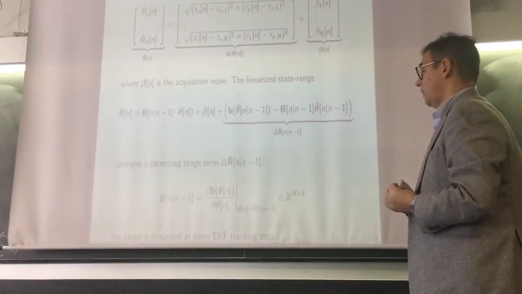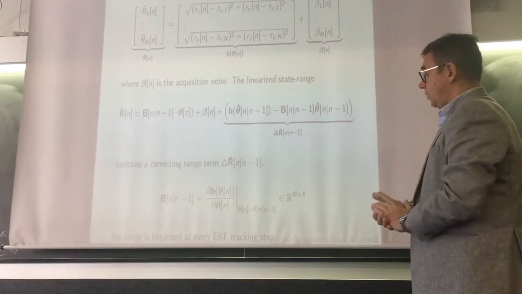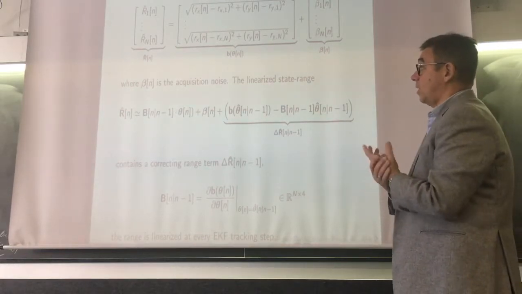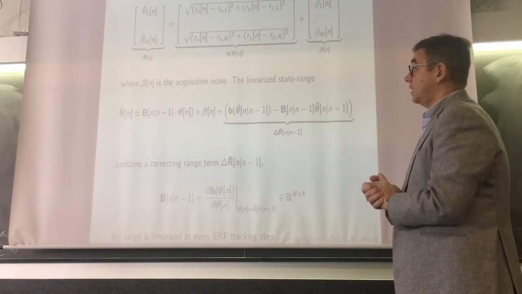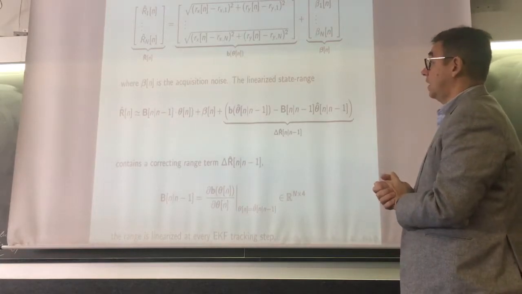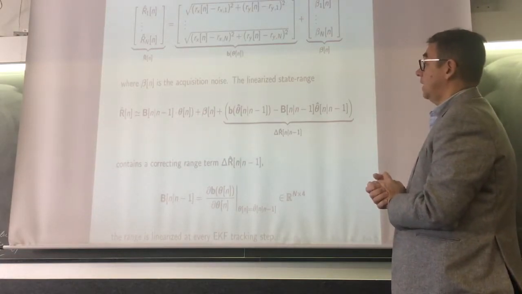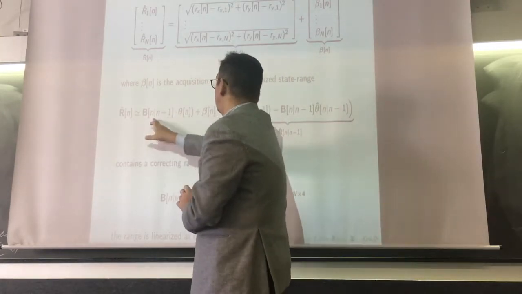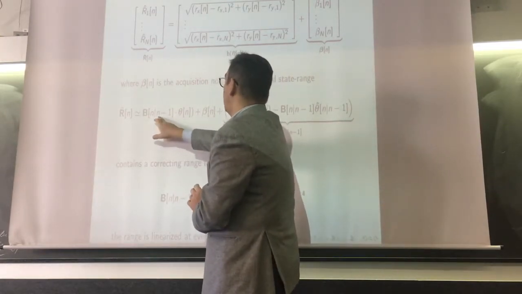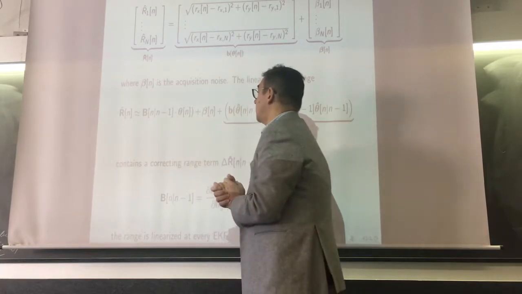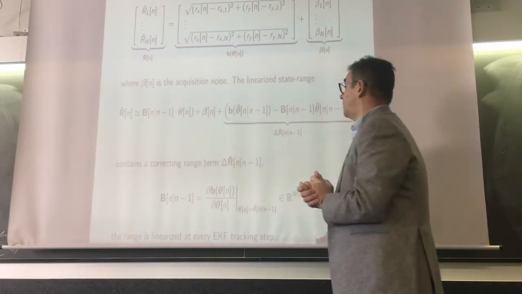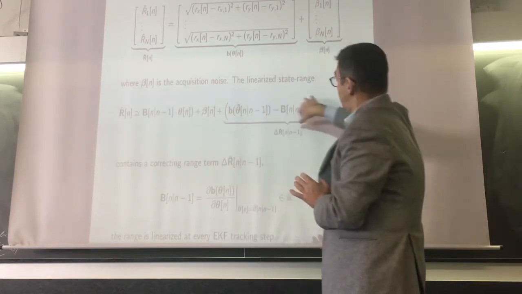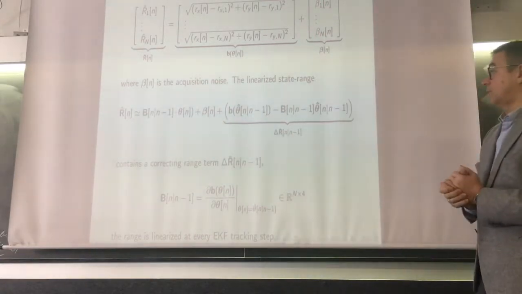Okay. So what I do in a Kalman filter is that I linearize the input-output relationship, and by linearizing I approximate my nonlinear relationship with a second part. This one is the linearized part, and this one is a correction term.